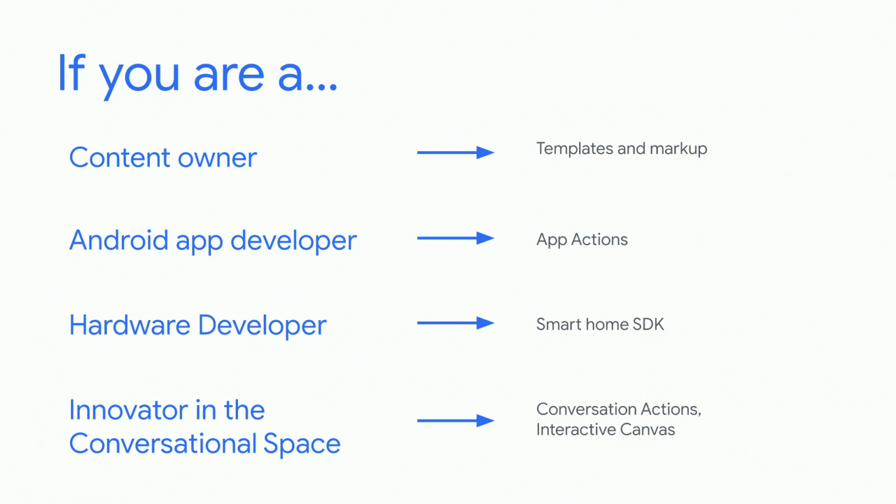What's really cool is for the first three, Google Assistant handles the natural language processing for you. So you don't have to manage the back and forth and figuring out what the user really means, which is fantastic. But what's really great is there is a space where you could be really creative. This is where we have conversation actions and tools like Interactive Canvas, where you create completely new experiences for your users.